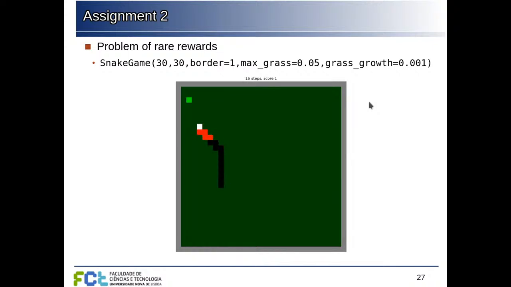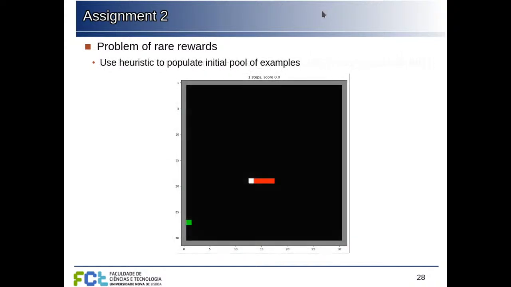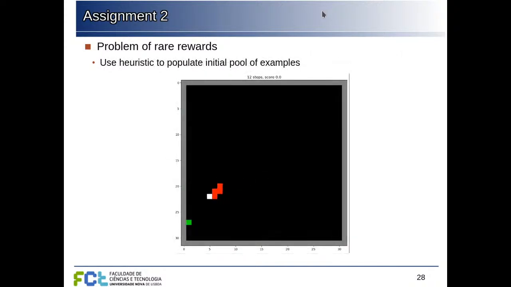But this is one way we can solve this problem of having rare rewards. We give a small reward for exploration, and this increases the odds of finding the food and learning that it's good to eat. Another solution that I tried was to populate the initial pool of examples. Instead of using random actions, use a simple heuristic. So I use a simple heuristic to always go towards the food.